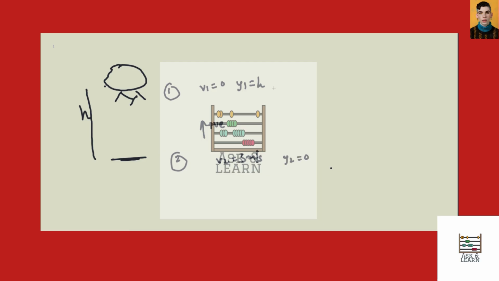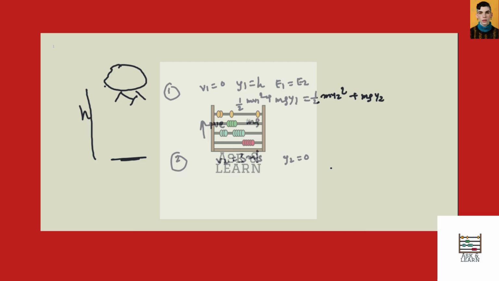So at these two locations, we'll have E1 equals E2. So again, we have half m V1 squared plus mg Y1 equals half m V2 squared plus mg Y2. The total energy at these two locations should be the same.